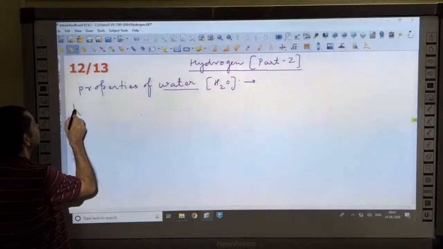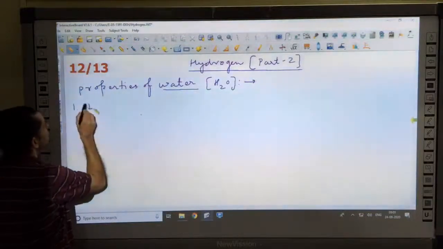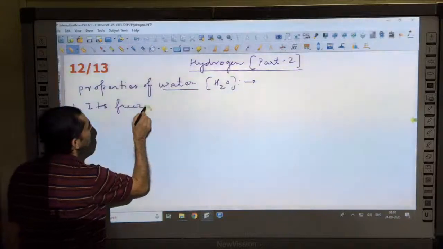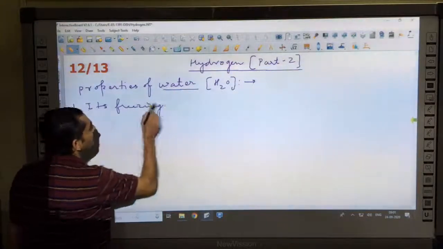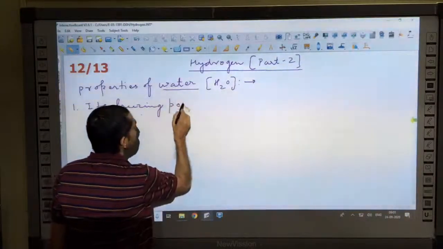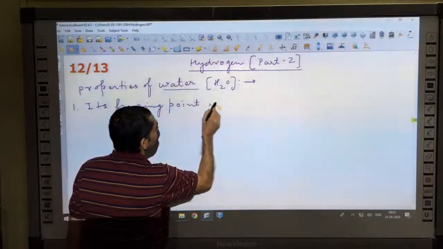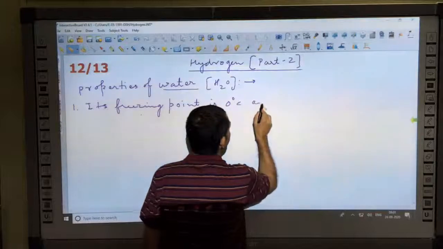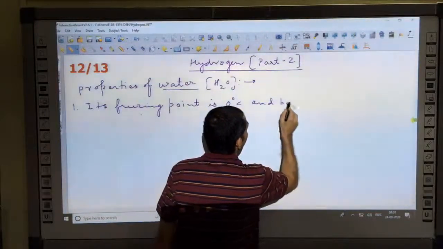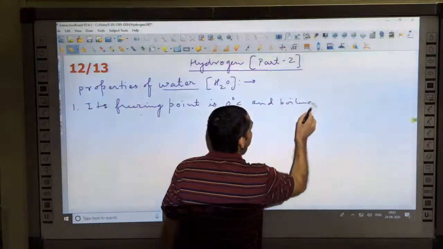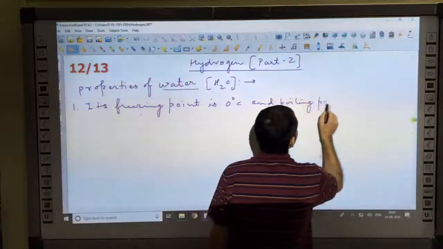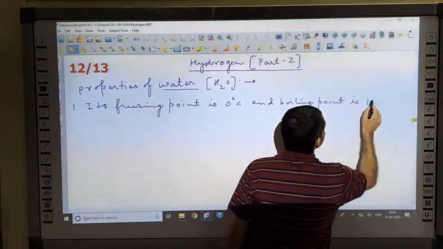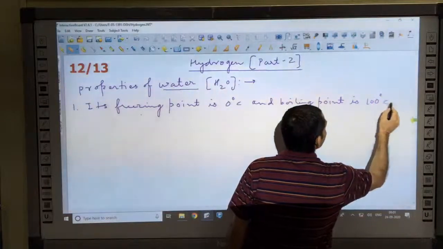Number first, its freezing point is 0 degree centigrade and boiling point is 100 degree centigrade. You know this very well.